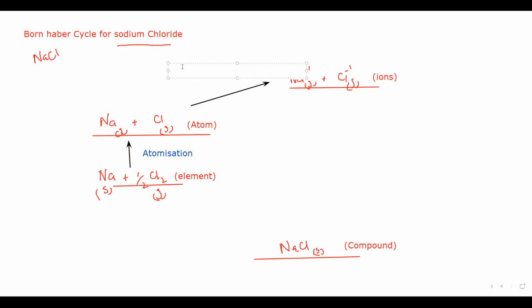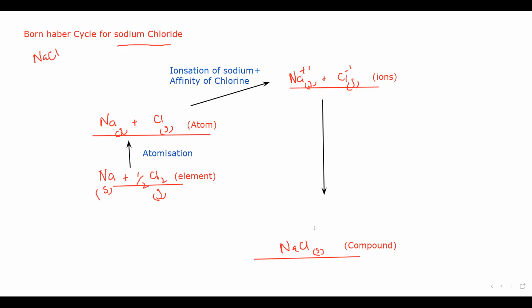So it is the sum of ionization of sodium plus affinity of chlorine. An electron is removed from sodium and an electron is added to chlorine. That's why it is ionization of sodium and affinity of chlorine.